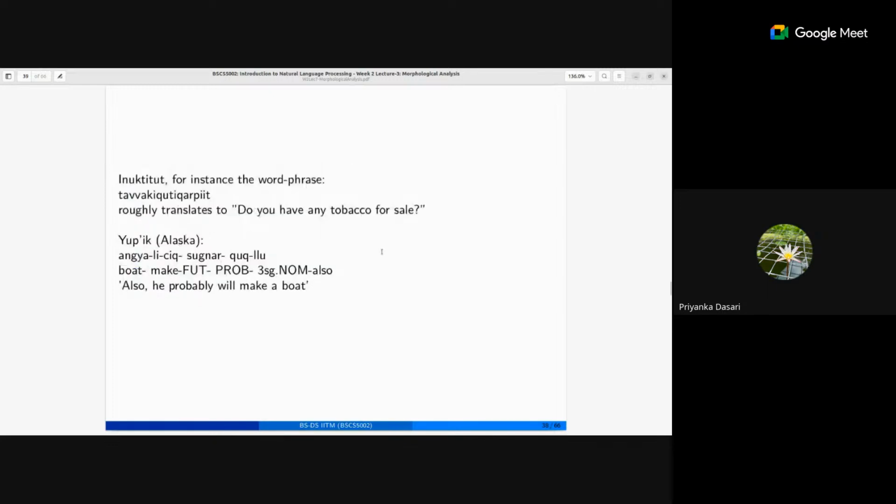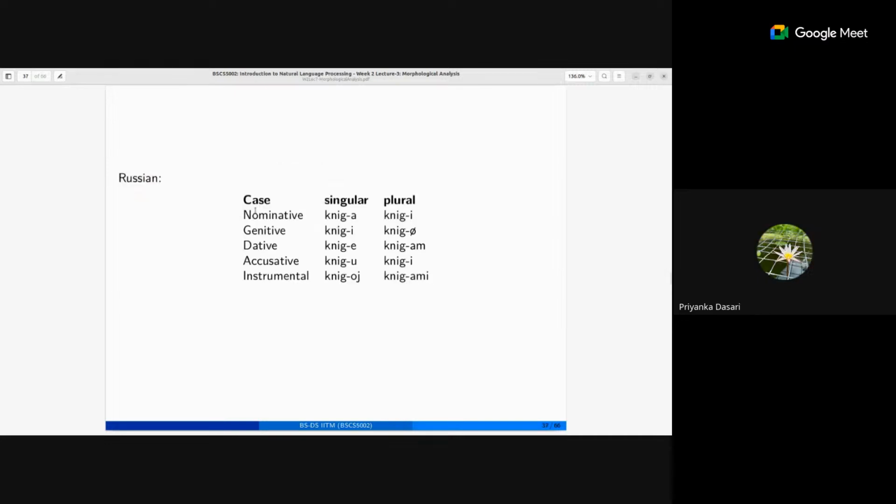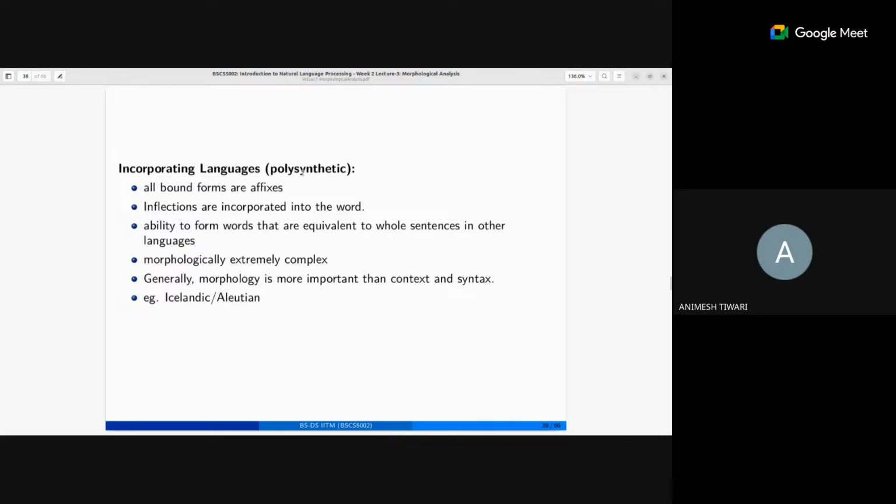Did you get some understanding now? Yeah, so can I say that isolating is something which is very clear. Everything is apart. Agglutinative is something where you can still extract morphemes, which is understandable. But I was not very clear about fusional and the last piece, polysynthetic, because we are saying polysynthetic is the extreme case.